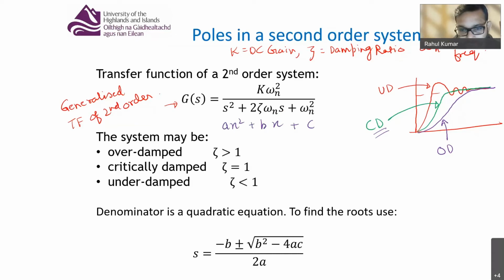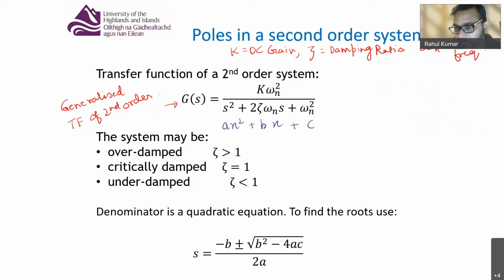Now let me create some space here. From this comparison, I can say the value of a is 1, the value of b is 2 zeta omega n, and the value of c is omega n square.